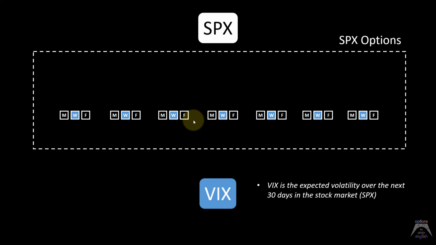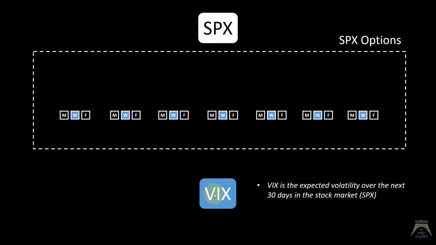But I'm getting ahead of myself. So far we've seen that VIX uses SPX options. There's many types of SPX options, Monday, Wednesday, Friday. Wednesdays, we have VIX products expiring, so VIX Futures and VIX Options. And VIX also has weekly VIX Futures and Options, and also standard VIX Futures and Options.